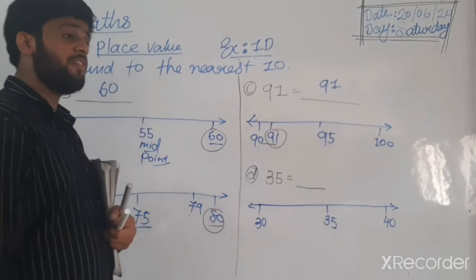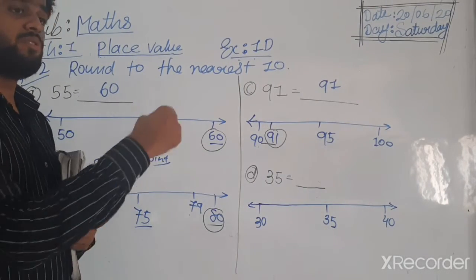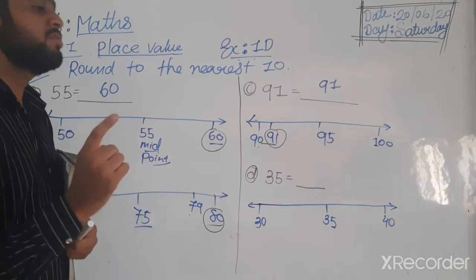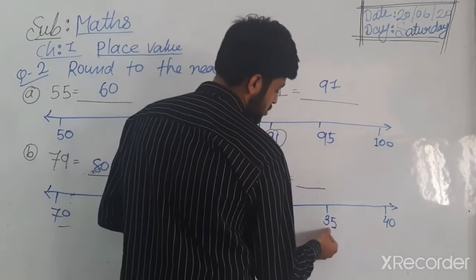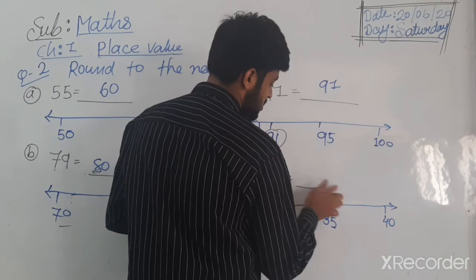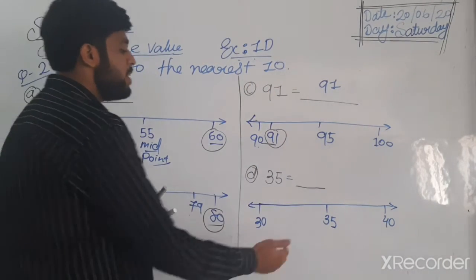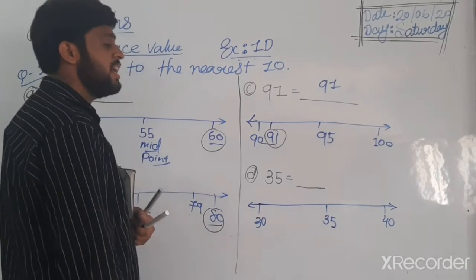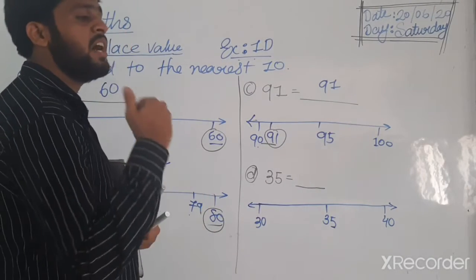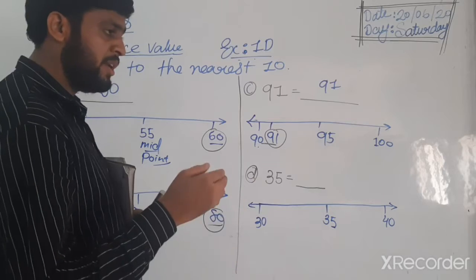Okay, what are the rules of place value for rounding to the nearest number? For a midpoint or halfway number like 35, we always take the larger number.